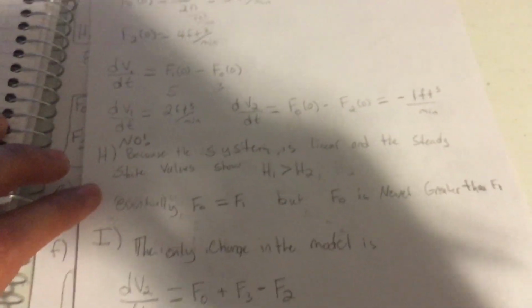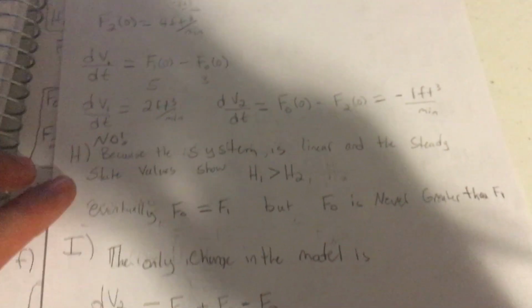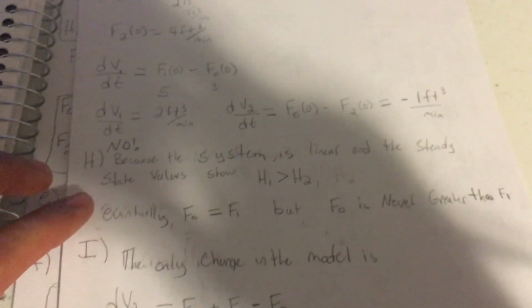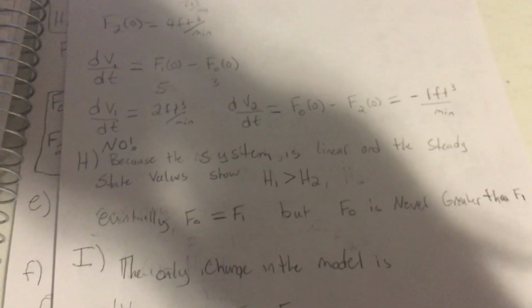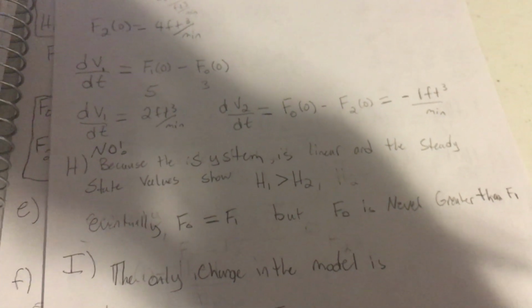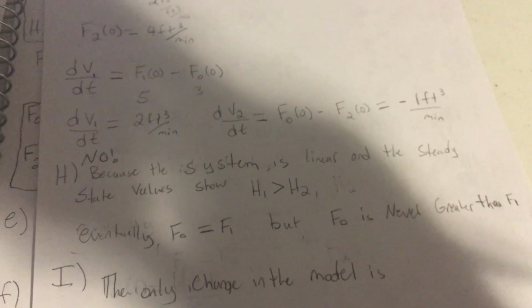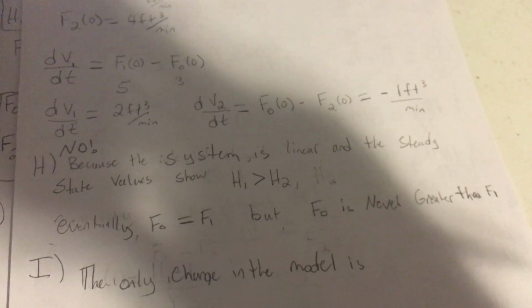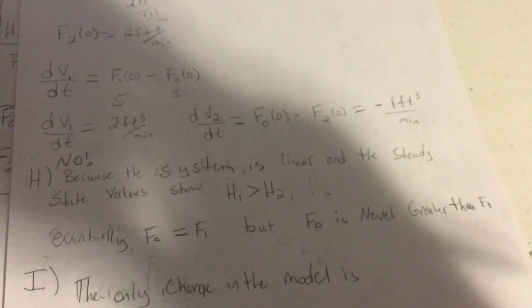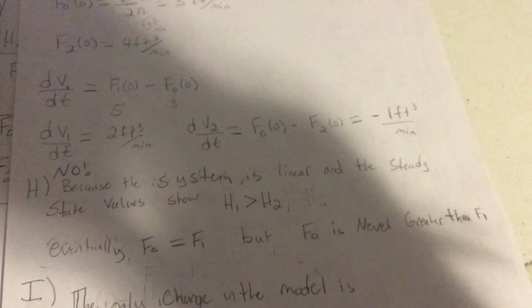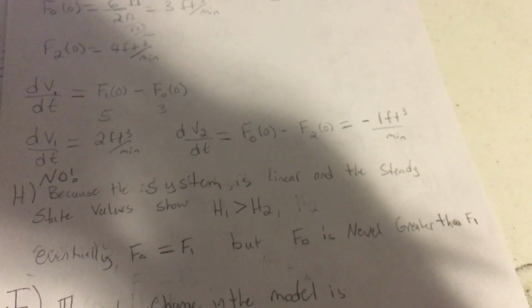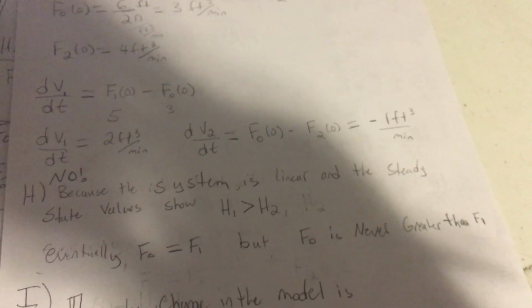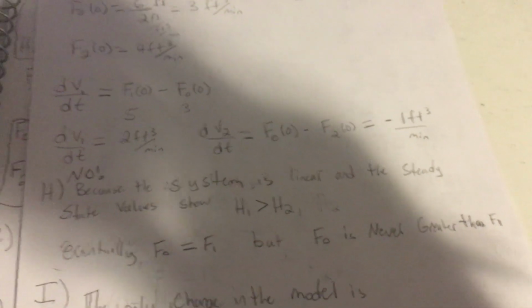And then H, I'm not totally sure how to answer this. I don't know exactly why, but I feel that there's no way that the height of tank 2 would exceed the level of the height of tank 1, mostly because in the steady state values, H2 is going to be less than H1, and the flow rate out of tank 1 can never exceed the flow rate into tank 1, just based on how the equation unfolds.